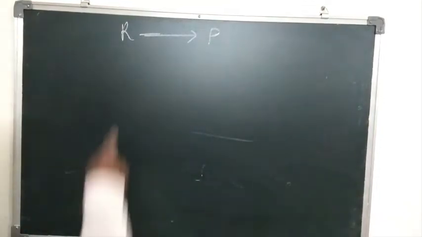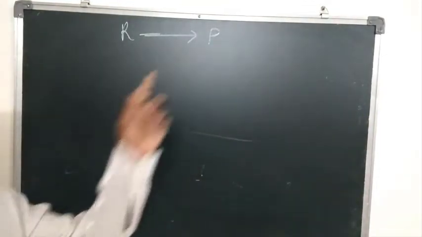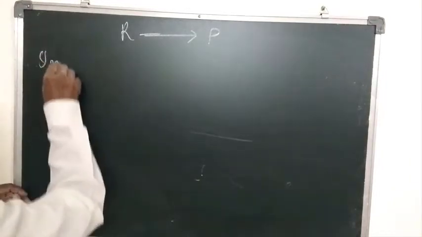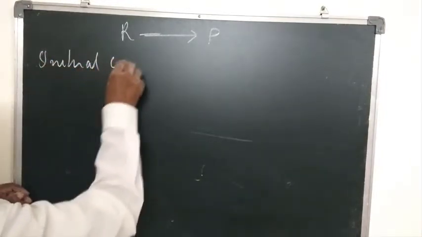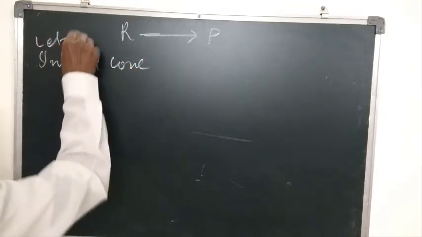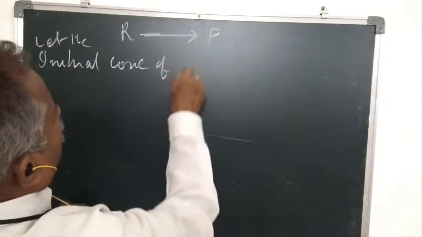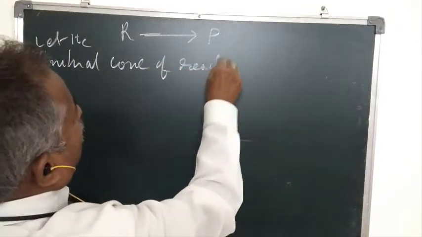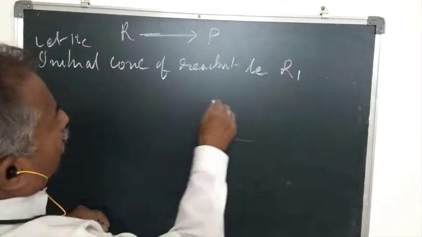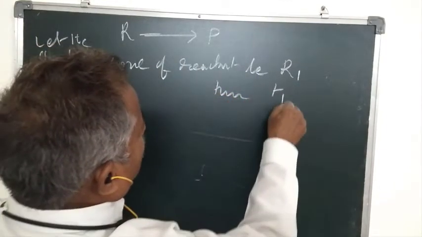So, now in this hypothetical reaction, R gives product. Let the initial concentration of reactant be, say, [R1], and time is T1.